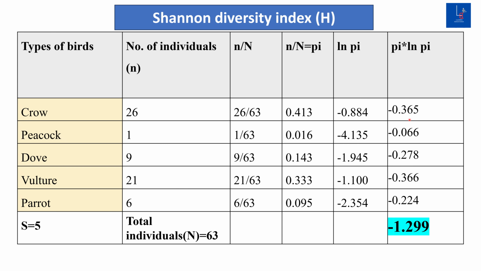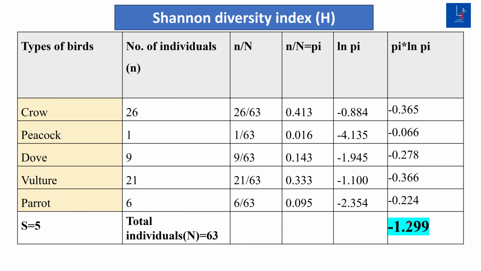The next step is we need to multiply this pi by ln pi. So this value times this value, and then we will get this value. Again we need to repeat this process for each bird species.